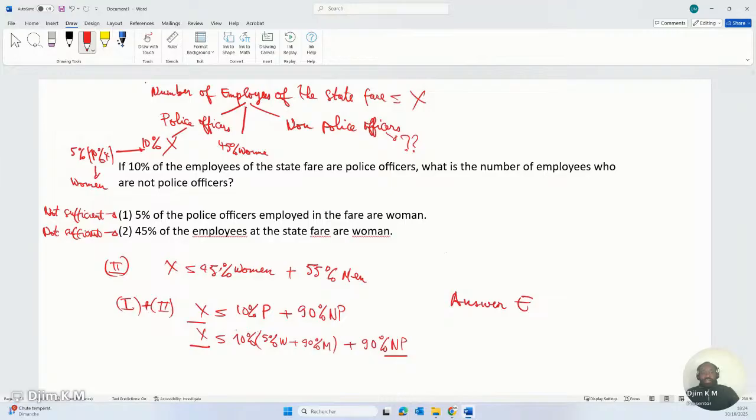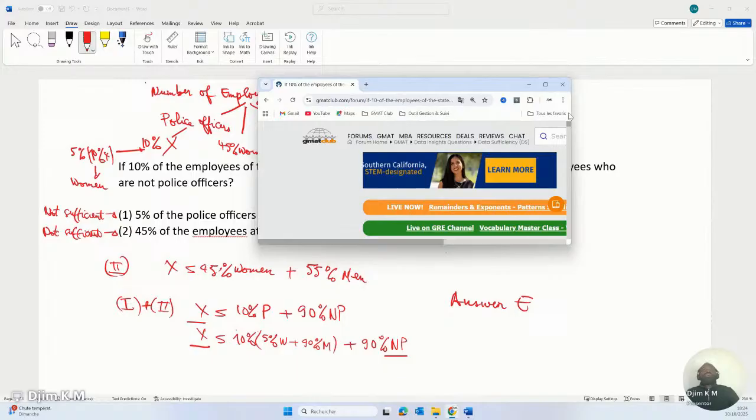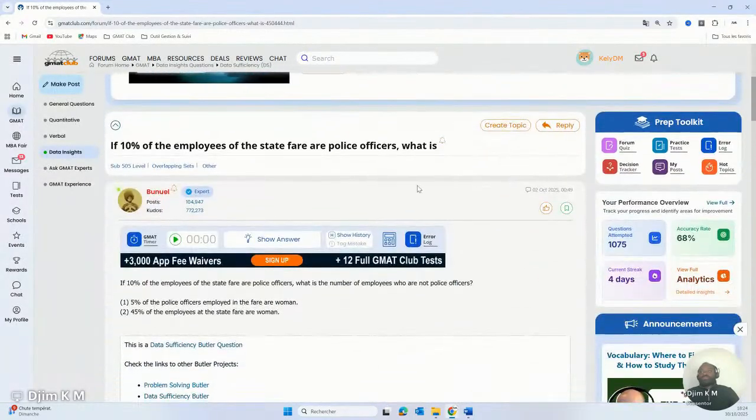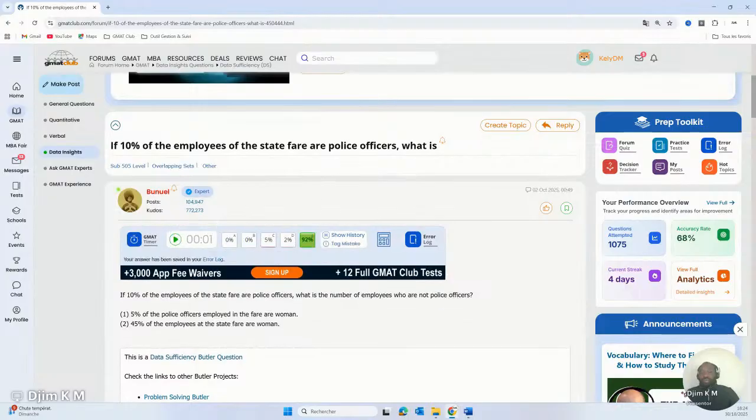So now let's check here. Answer E is the correct answer. So none of the conditions is sufficient.